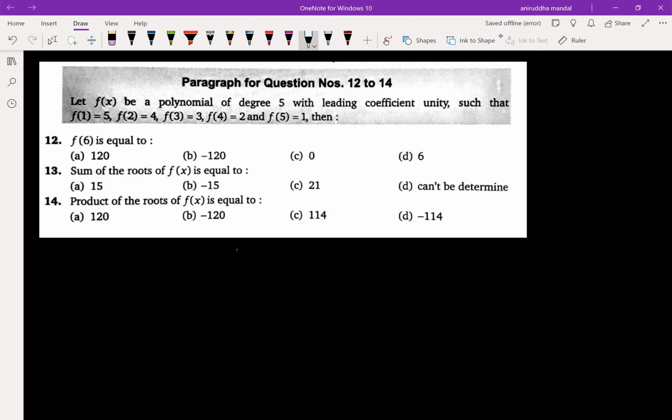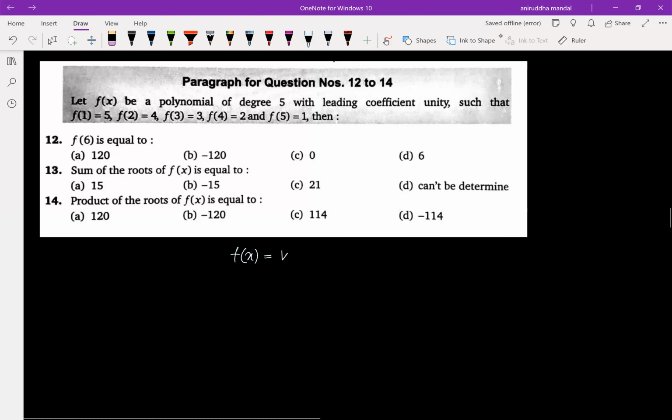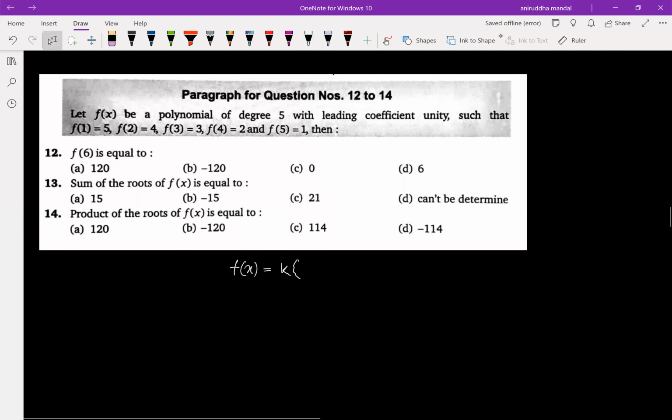So let's say f(x) is a 5-degree equation whose leading coefficient is 1, which means we can write f(x) as k into (x minus x1)(x minus x2)(x minus x3)(x minus x4)(x minus x5). So we can simply say that k equals 1.